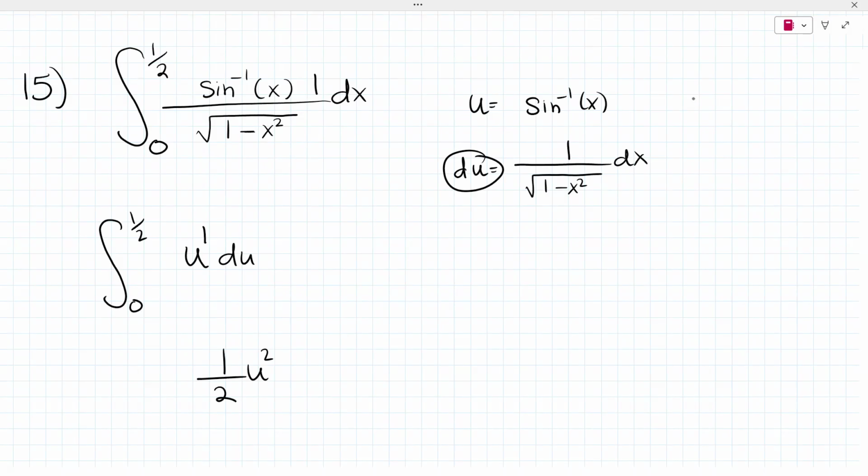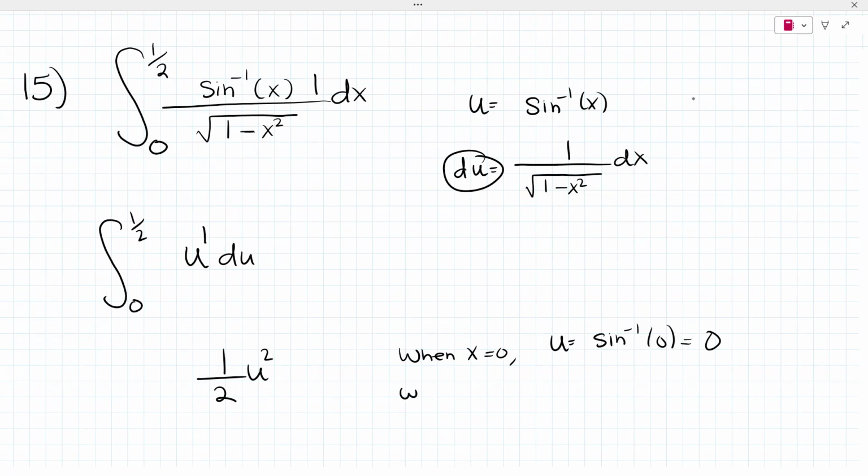Now you could replace u with sin inverse and then do the upper and the lower, or what you could do is substitute when x is 0 and when x is 1/2 into u. So that's what I'm going to do. When x equals 0, what is my new u going to be? It's going to be sin inverse of 0, which is still 0.